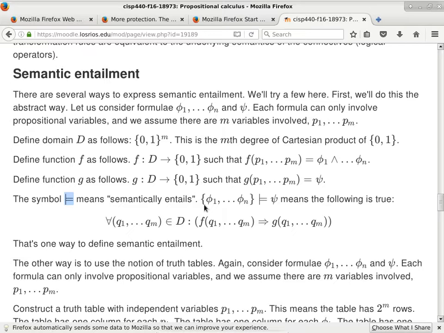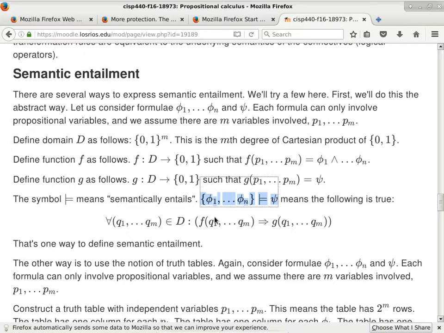So semantic entailment means, when I claim this thing here, which basically means the set of well-formed formulae phi 1 up to phi n semantically entails the well-formed formula psi, it means the following thing has to be true.